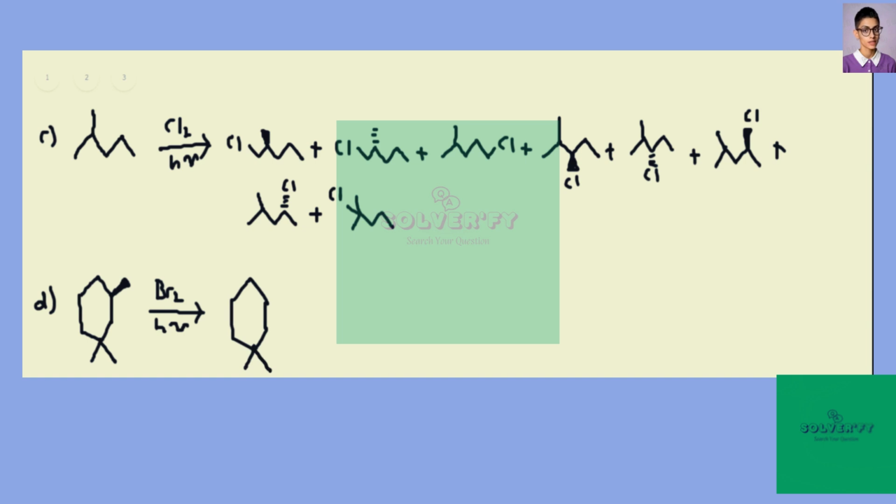So the bromine is always going to add to this tertiary carbon, and then it just becomes a matter of whether it adds from behind and leaves the methyl group alone, or whether it comes from the front and pushes the methyl group to the back. So those are our two products for D.